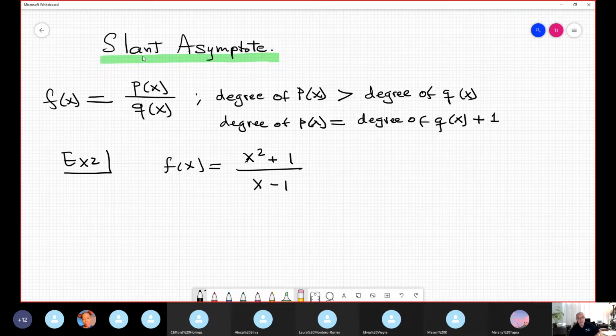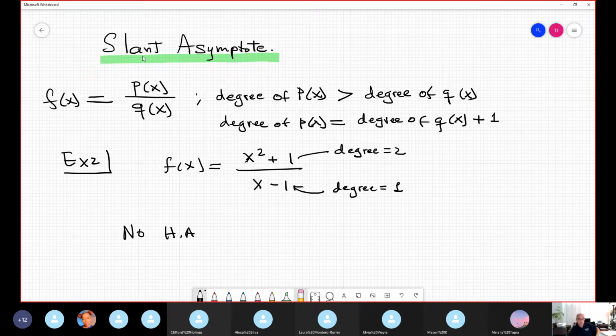So immediately, I do the degree analysis. Degree of the polynomial on the top is 2. Degree of the polynomial on the bottom is 1, linear. It's obvious that we have no horizontal. The horizontal we only have when the degree is the same or the degree of the denominator is bigger. But in this case, the degree of the numerator is bigger by 1, so we have slant.